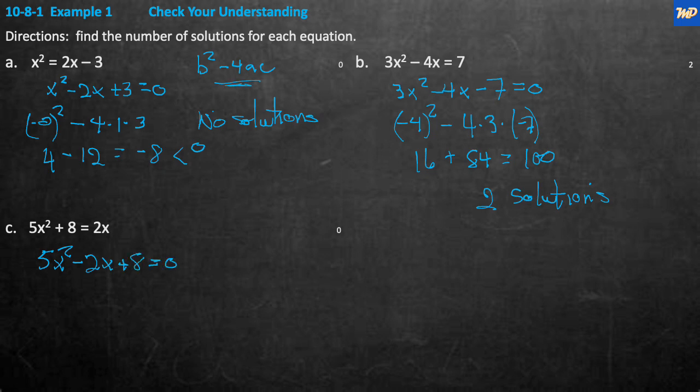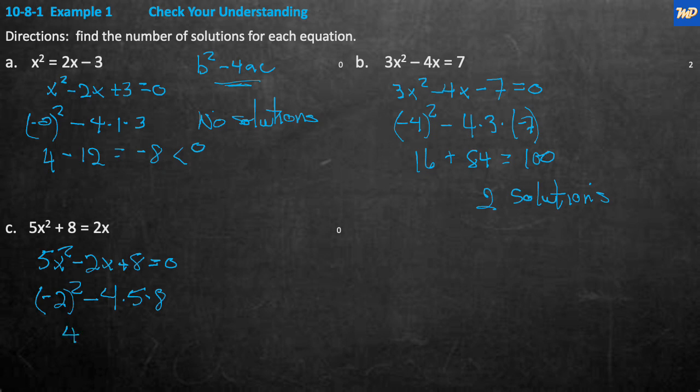Using the discriminant, we have negative 2 squared minus 4 times a, which is 5, times 8. Negative 2 squared is 4.